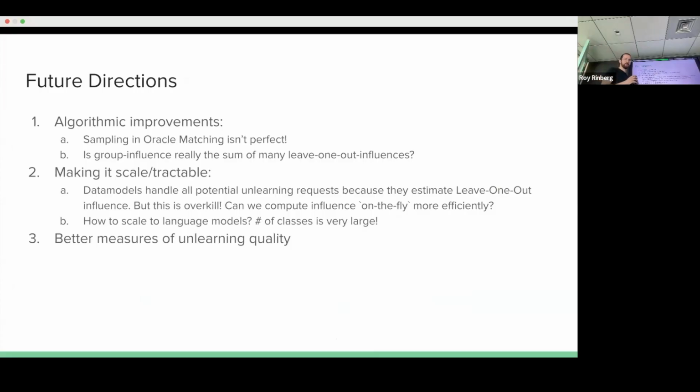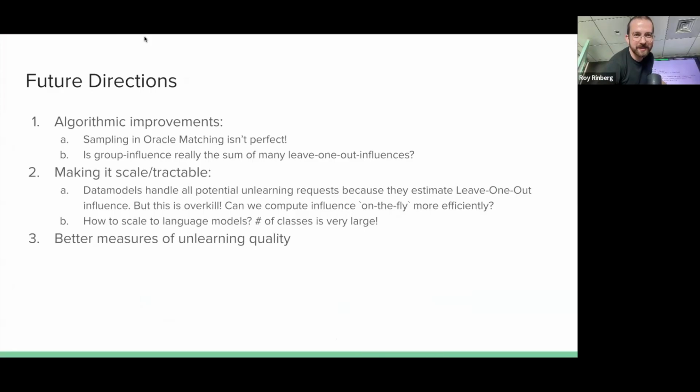Sarah asked something related, but I think it's this question. And so if you go to scaling to language models, the naive thing is talking about every single token, if you're trying to unlearn every single token, as if there are classes.